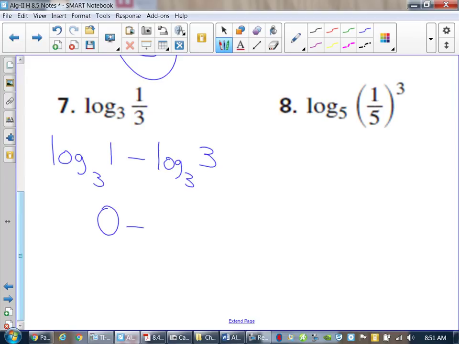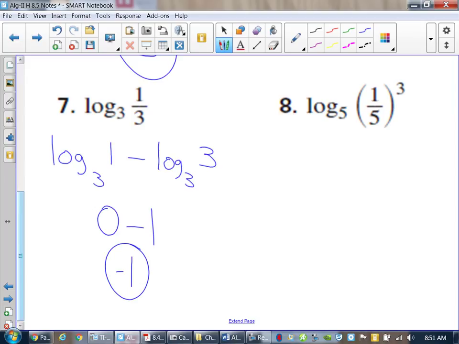And what's log base 3 of 3? What's 0 minus 1? What's 1/3 written as a base 3? 3 to the negative 1. That's why the properties work, because you can go back and forth like that.